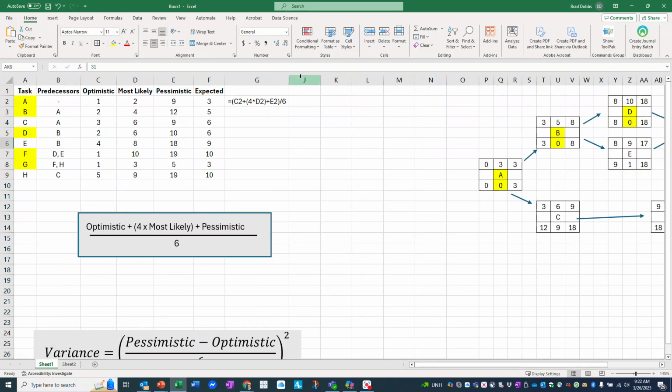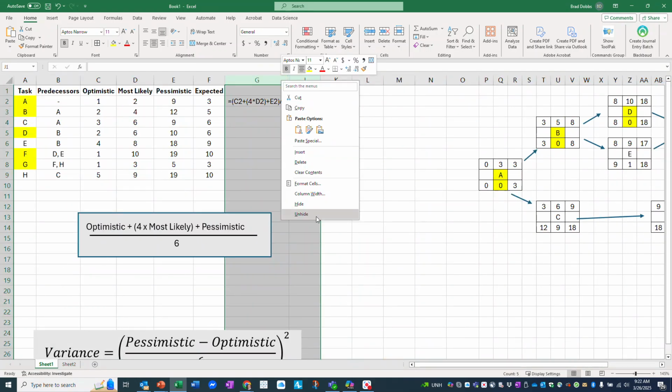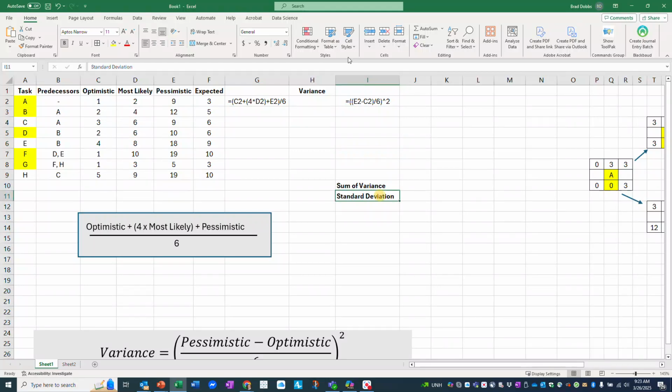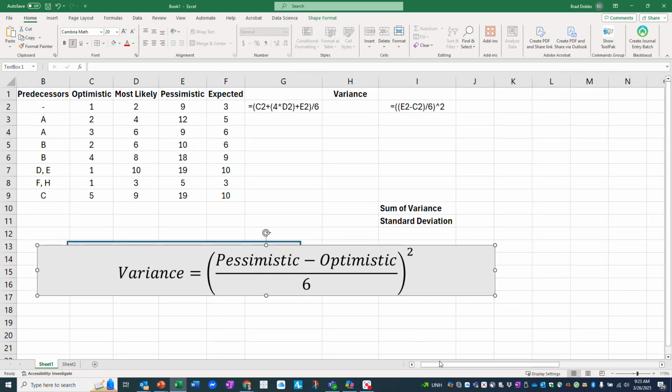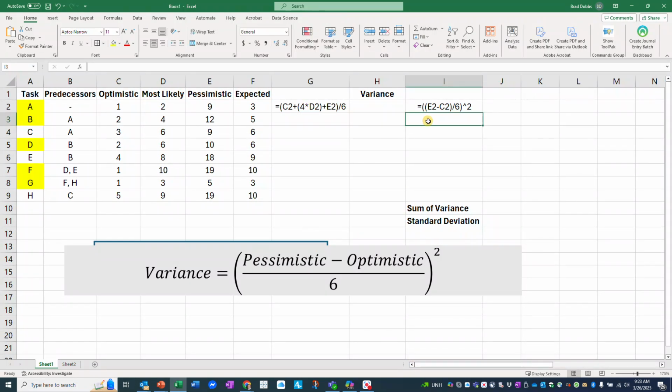Okay, so then the next step after we have this is we're going to need to know my variance, and I've already prepped this, right? So my variance, we use a slightly different formula. Variance is going to be, as it shows here, our pessimistic minus our optimistic.